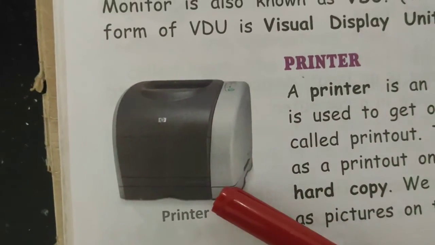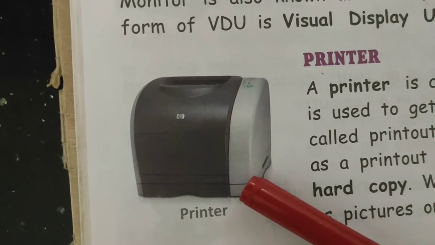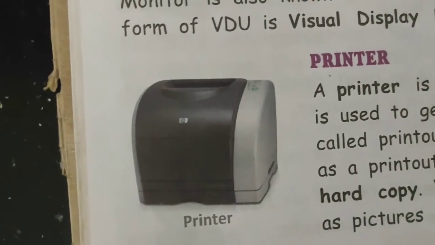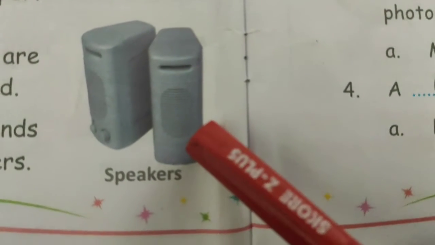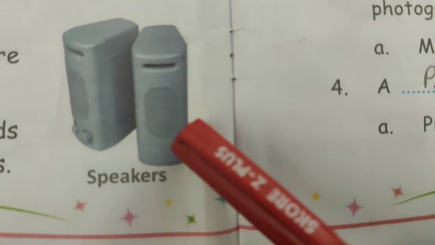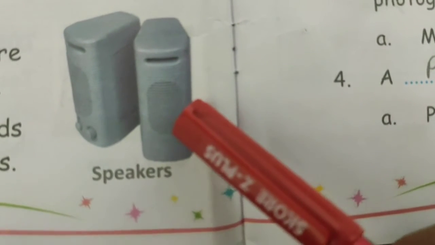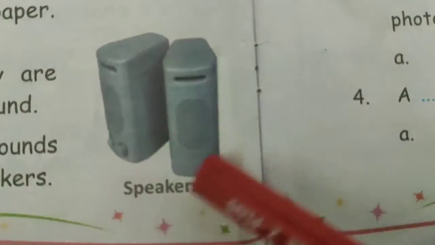Printer is an output device which is used to get output on paper, and we call it a printout. Next is speakers. Speakers are output devices and they are used to get output in the form of sound. So you can listen to music and other sounds from the computer with the help of speakers.